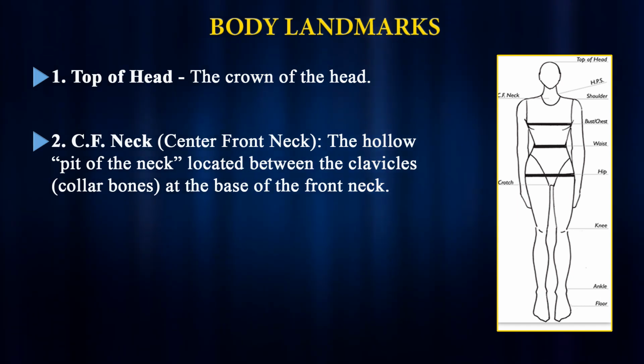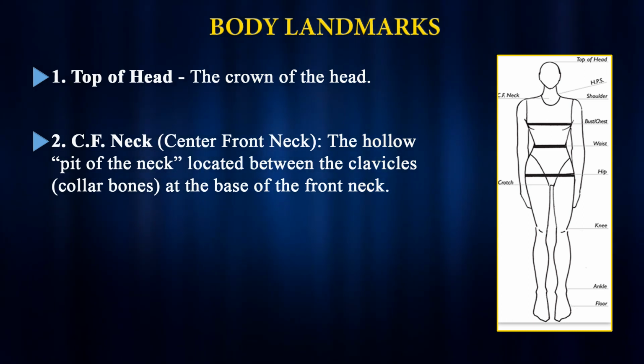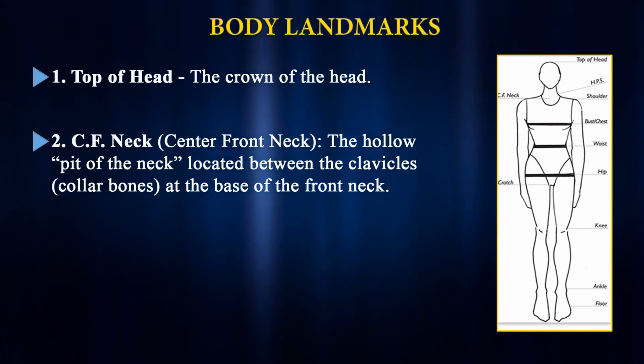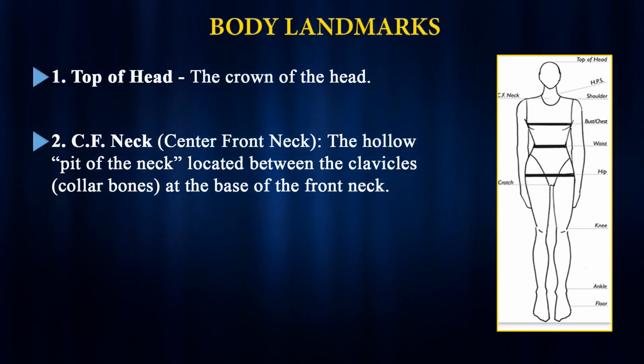You can touch and feel that when you have a collar bone here, and where both the collar bones end, there is a hollow pit of the neck, which is taken as the center front neck of the human body, as a base for taking the front neck.